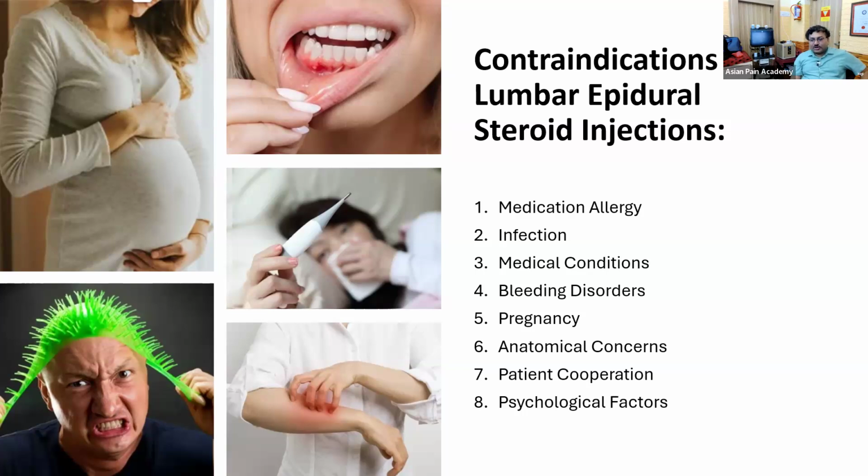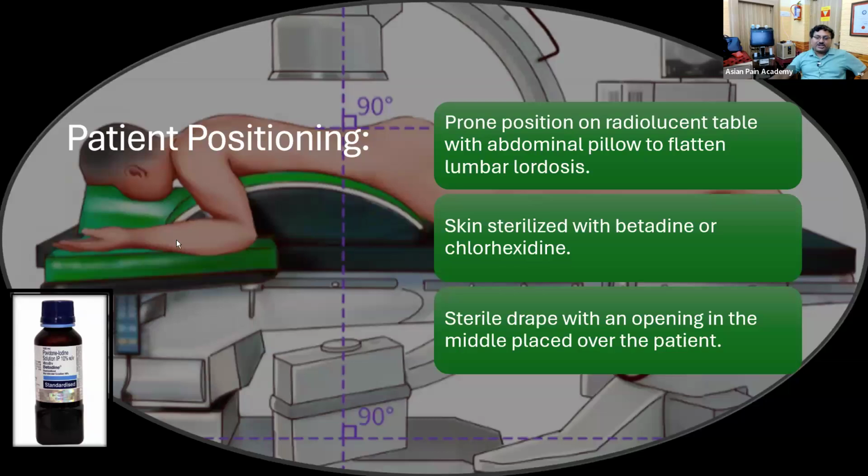Then there are anatomical concerns, for example, if the patient has a cancer or tumor at that area, or a distorted anatomy which hampers the safe performance of the procedure, that also becomes a contraindication. And when the patient has a psychological problem and is not giving consent or not allowing the procedure to be done safely, that is also a contraindication.